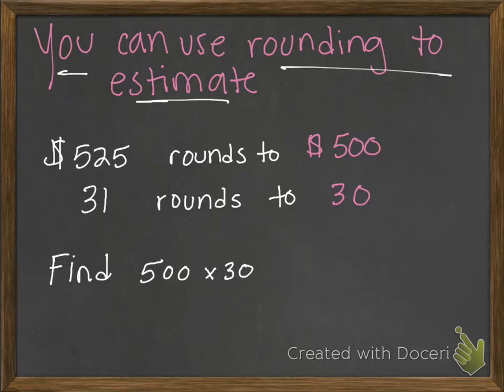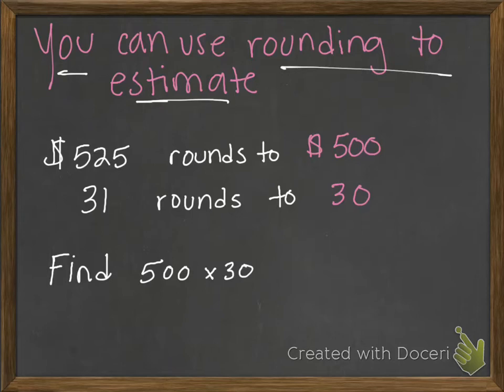So pretend my problem says something like, Lily has $525 to spend. She wants to buy 31 horses. How much money would Lily spend? Back up.